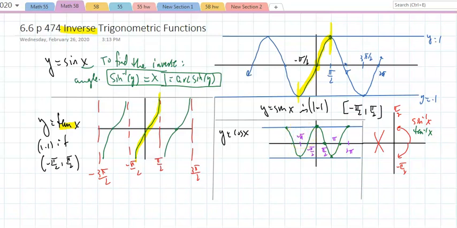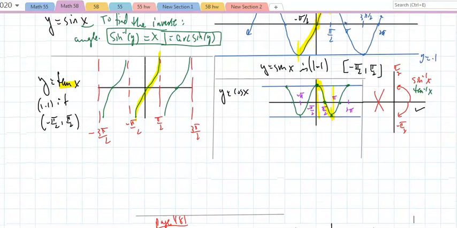I notice with a cosine, if I start from negative pi over 2 to pi over 2, we have a problem. Instead, I could start at 0 and I could run all the way to as high as pi. So I can't really have one formula that fits all.